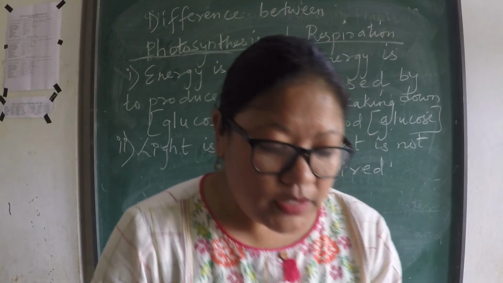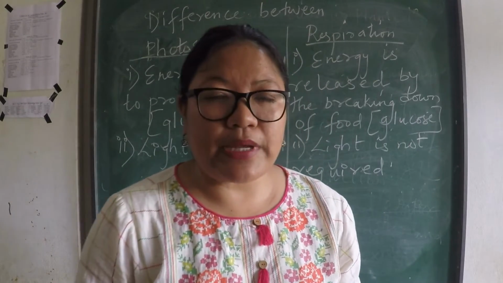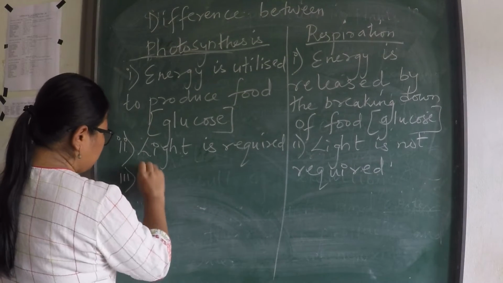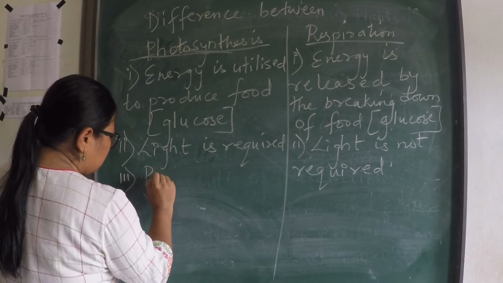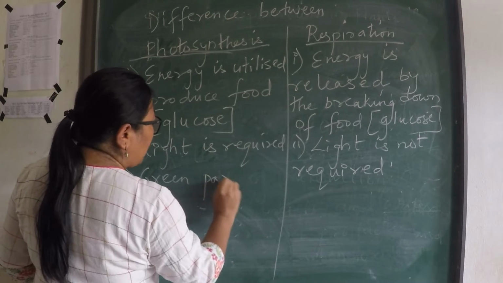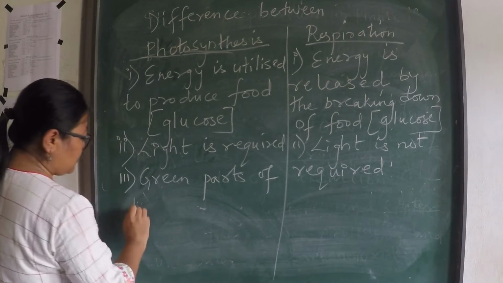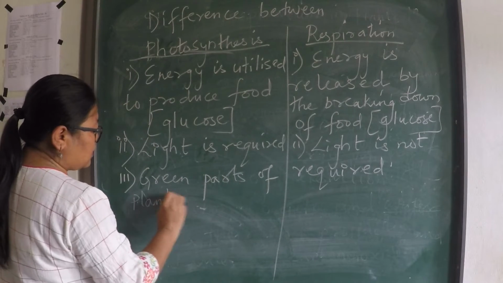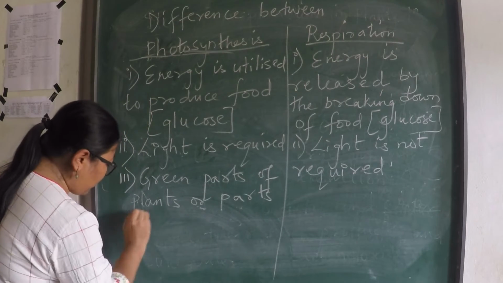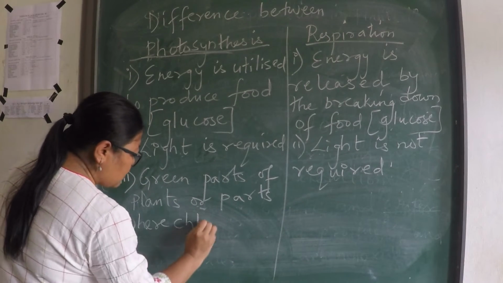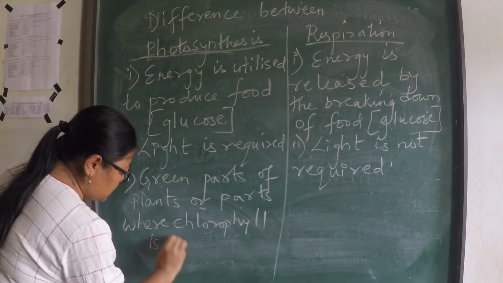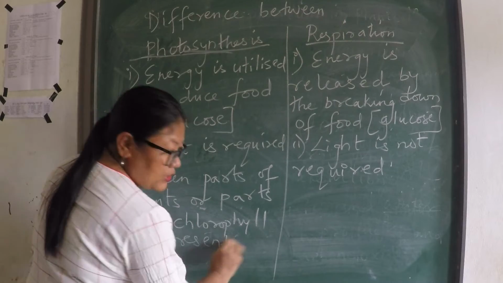Next, where do respiration and photosynthesis take place? Photosynthesis takes place in the green parts of plants, or parts where chlorophyll is present.